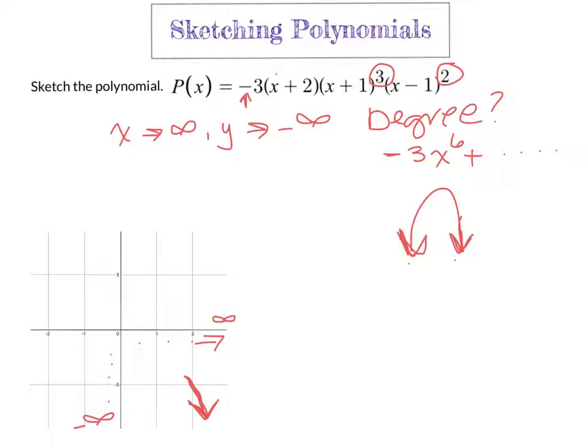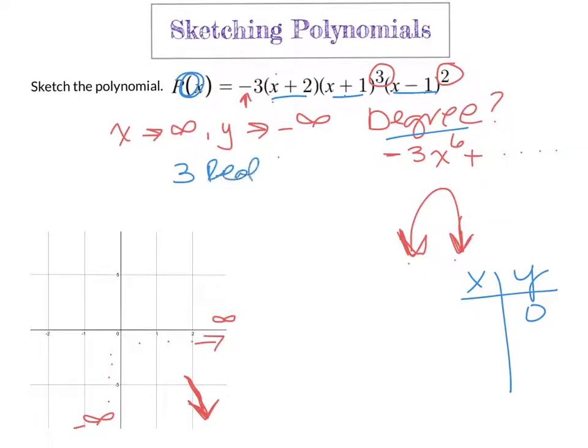All right, let's find some roots. The roots are pretty easy. What we're basically doing when we find roots is we are letting the y value equal 0, and we're saying what x's do that, and they come from here. So that's kind of like a little x, y chart. When y is 0, we have 1, 2, 3, so we have degree 6, but we have 3 real roots.